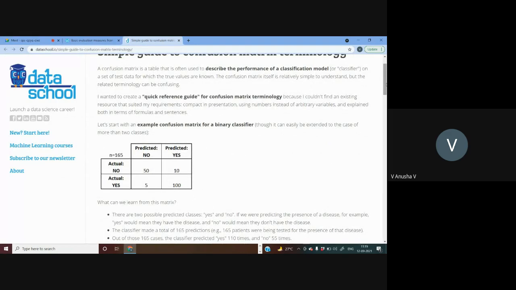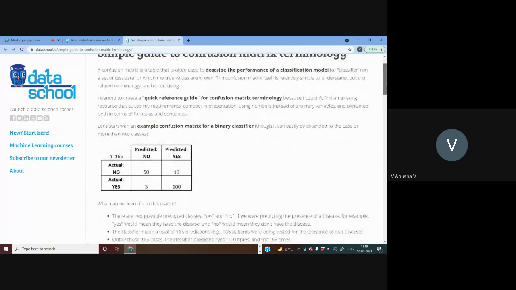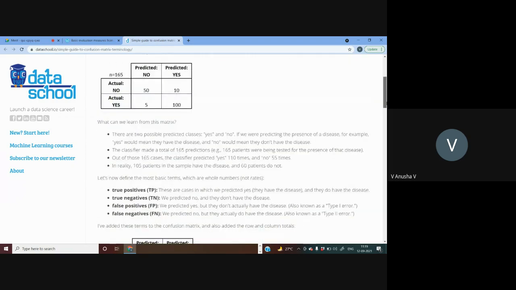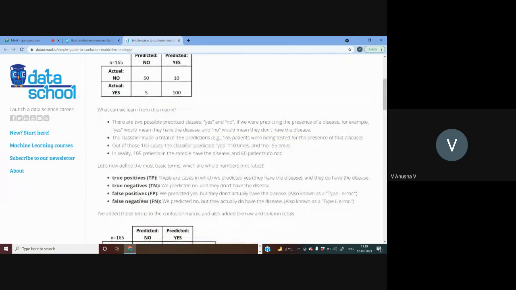We are considering a binary classifier here. For a binary classifier, you will have a maximum of two outputs, that is yes or no, or 0 or 1. From the two outputs, we get four ways of representing the outcomes: true positives, true negatives, false positives, and false negatives.